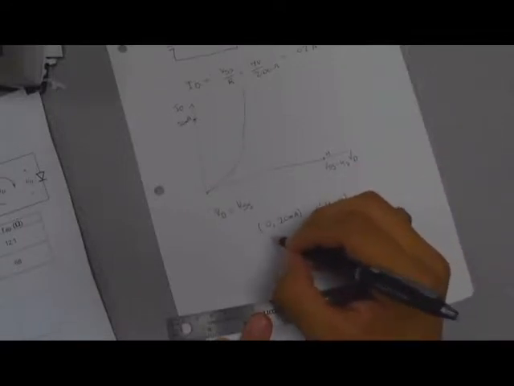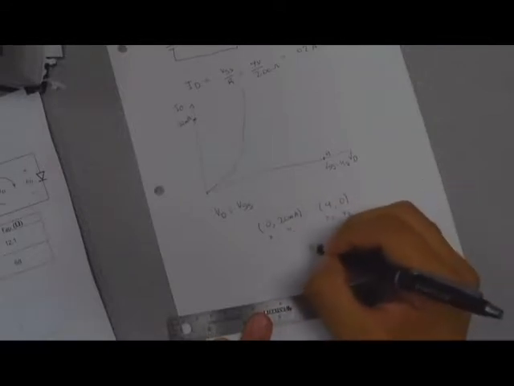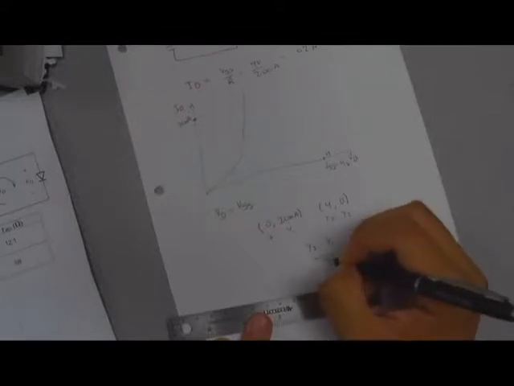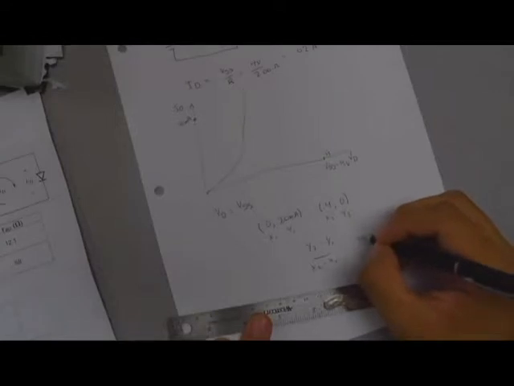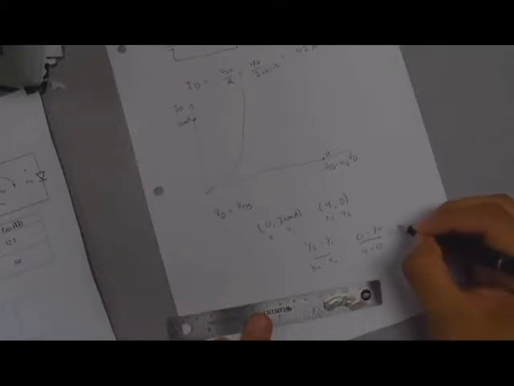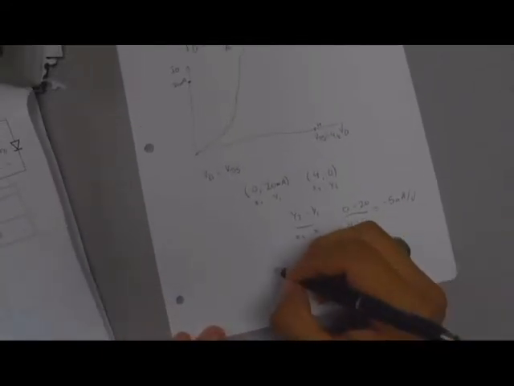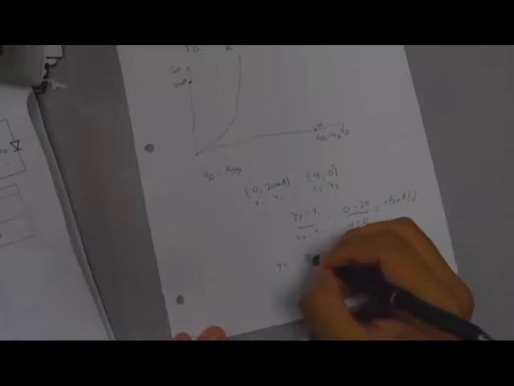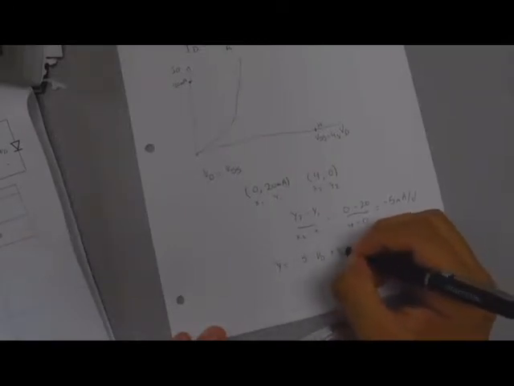Labeling these x1, y1, x2, y2, y2 minus y1 over x2 minus x1 gives 0 minus 20 over 4 minus 0, which is negative 5 milliamps per volt. Using that slope, y equals mx plus b, so y equals negative 5 times VD plus 20.